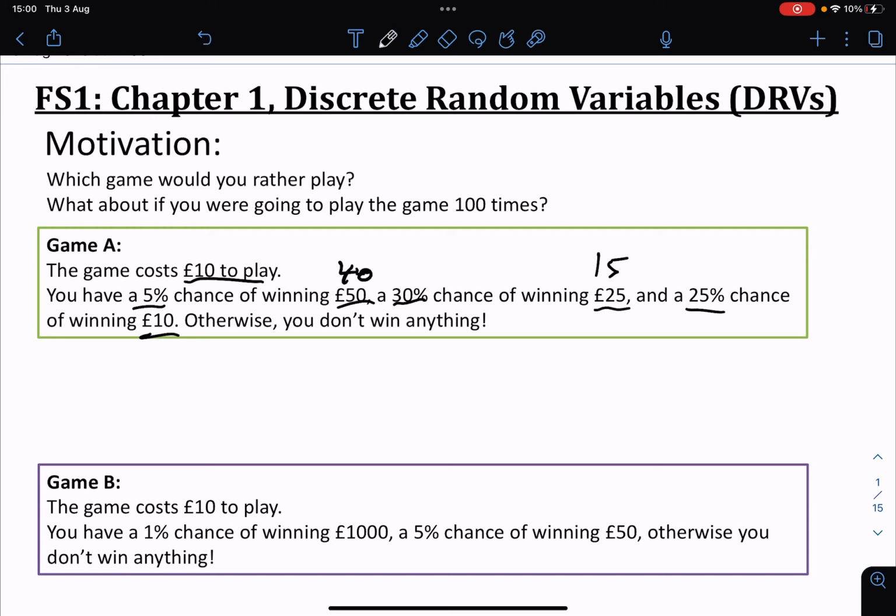and literally all we have to do is work out what it would be per game. So it's going to be 0.05 times 40, plus 0.3, so 30% chance, multiplied by 15, and then 0.25, but you don't win anything on that occasion.